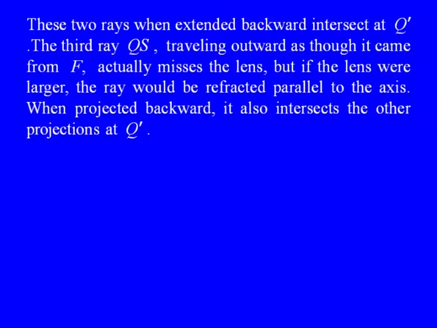The third ray in the picture, QS, travelling outward as though it came from F, actually misses the lens in this case, but if the lens were larger, the ray would be refracted parallel to the axis as it should. When projected backward, it also intersects the other projections at Q prime.